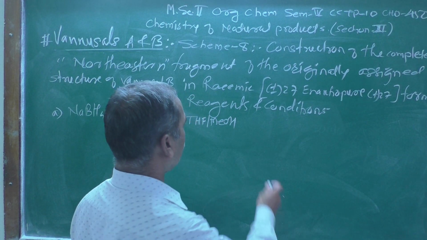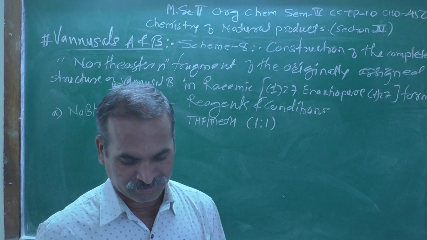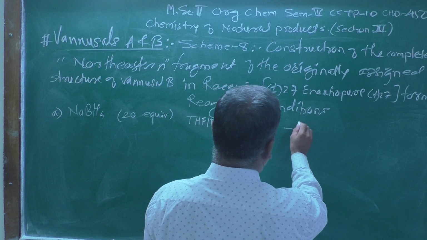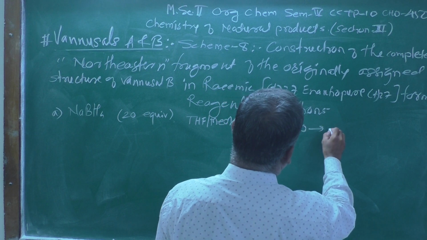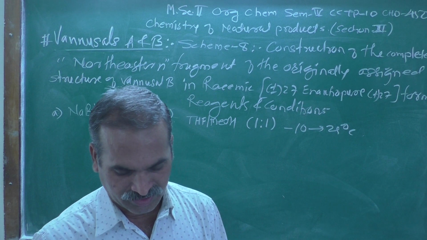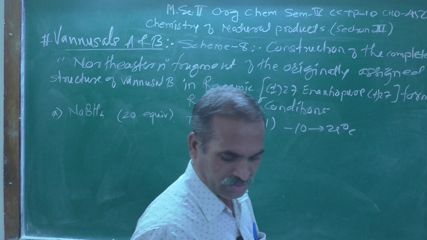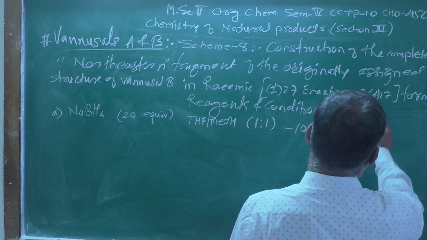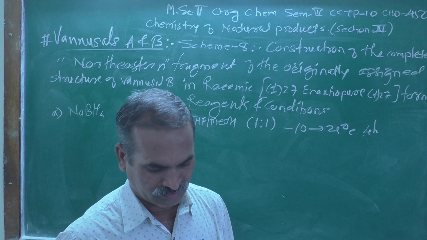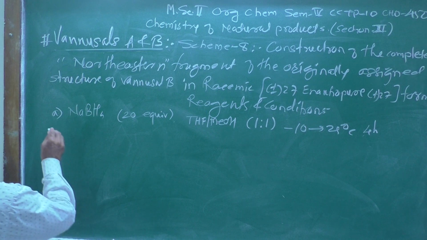The proportion was 1:1, equal proportion, taken at minus 10 degrees centigrade to 25 degrees centigrade, and this reaction mixture was stirred nearly 4 hours. That is the first reagent.